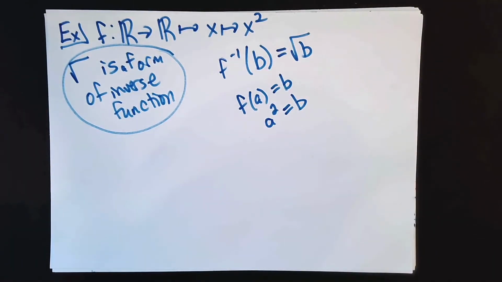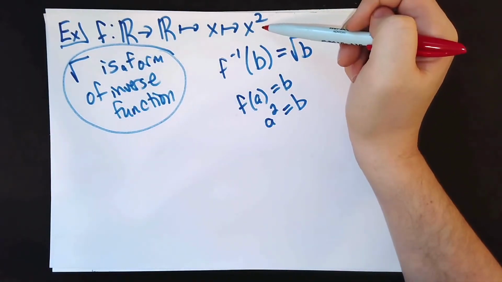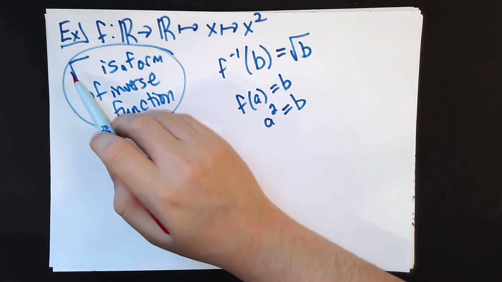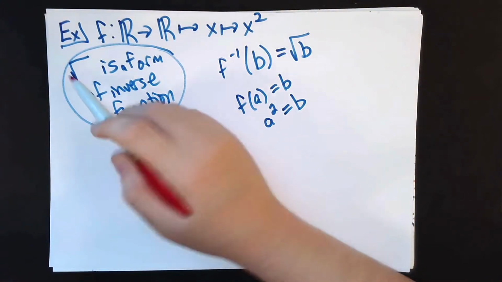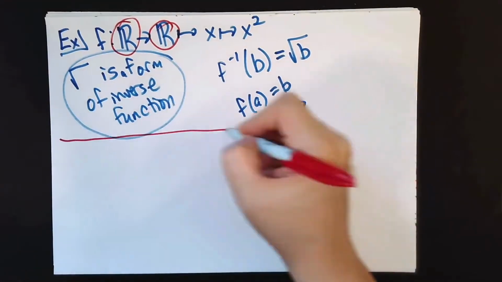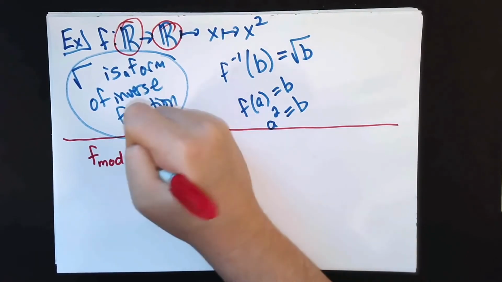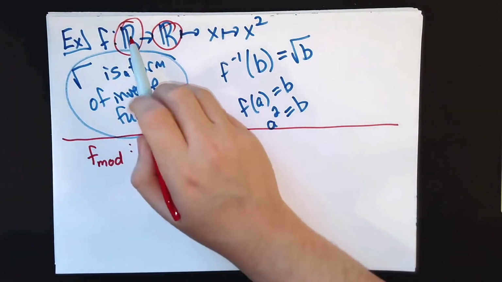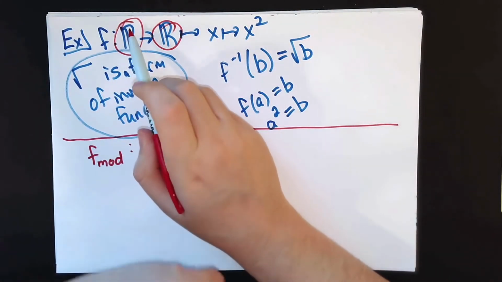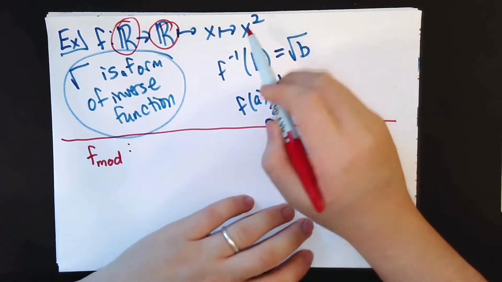So what do I have to do in order to make this function a bijection so that square root can be the inverse function of it? I have to change both the domain and codomain. So I'm going to call this f sub mod, my modified version of f. In order to make this 1-to-1, I need to take into account the fact that positives and negatives square to be the same thing.